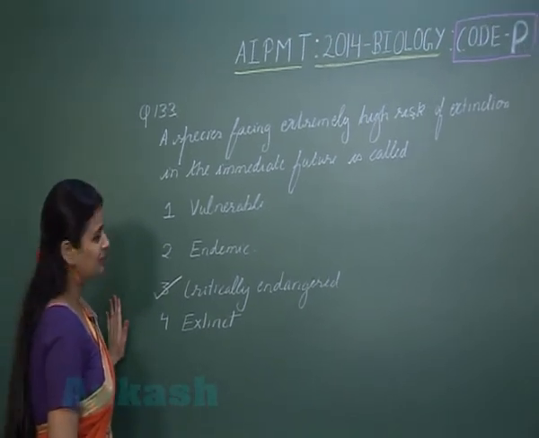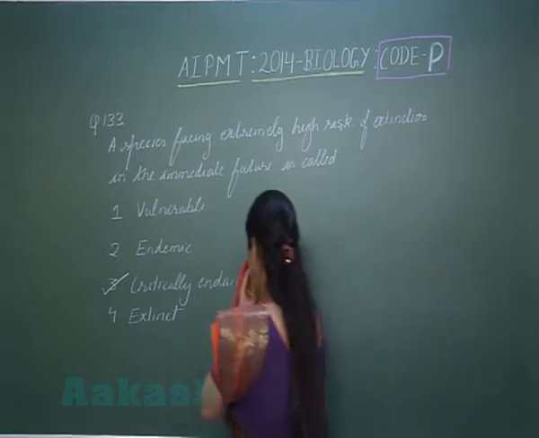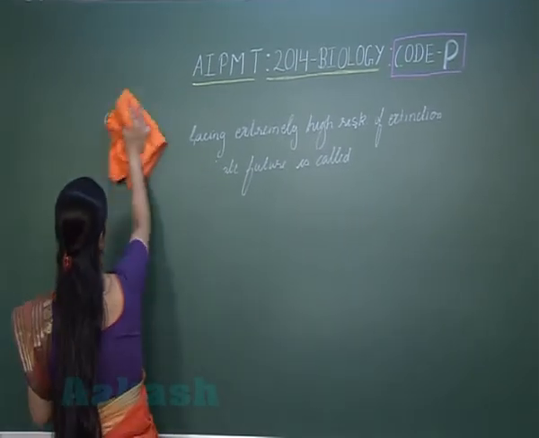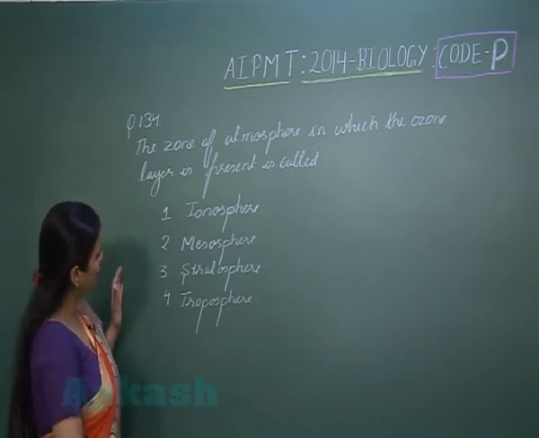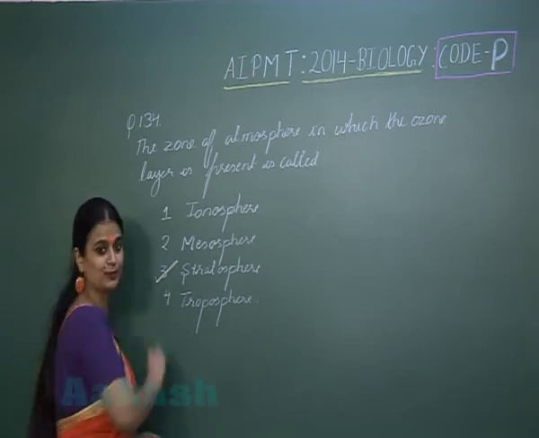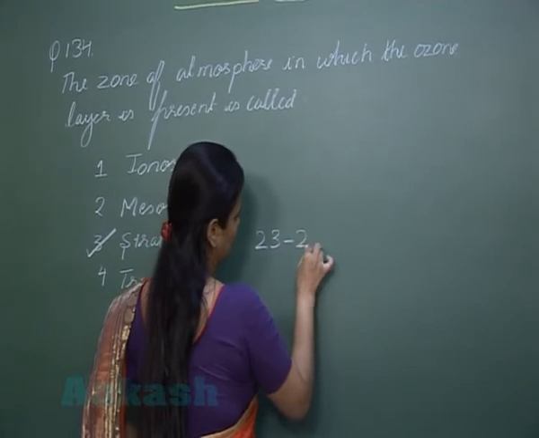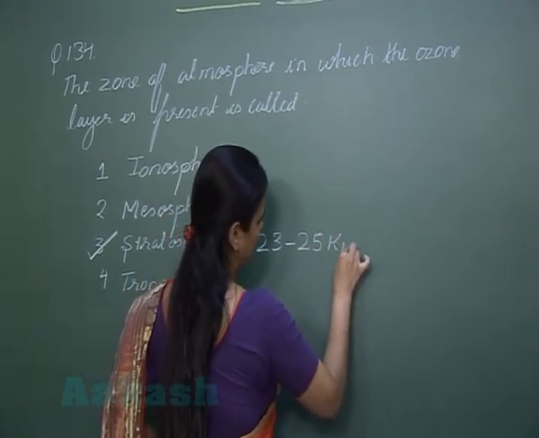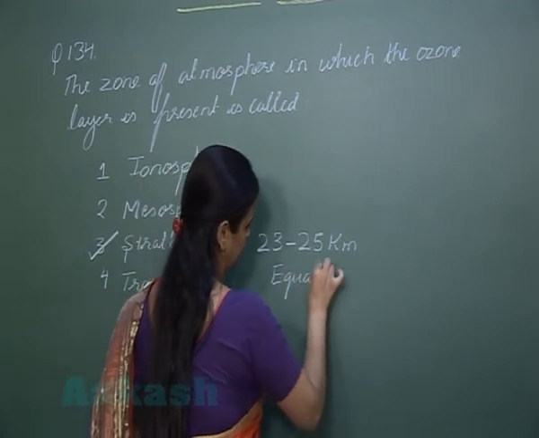So now after this, question number 134. Question 134. The ozone layer is present in the zone of the atmosphere that is the stratosphere. It is present at 23 to 25 kilometers of altitude over the equator.